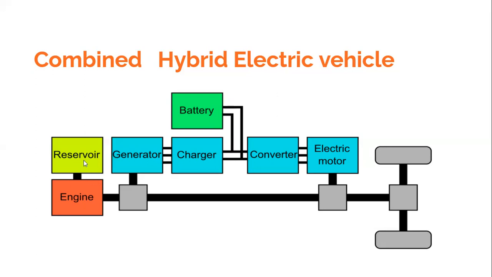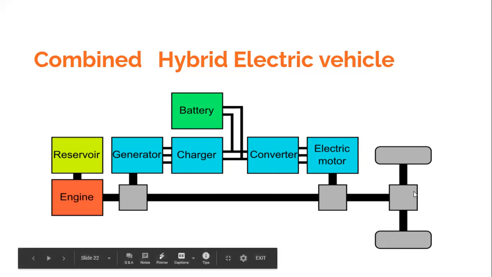You see the engine, there is a drive line over here, there is a generator connected to the charger, battery and a charger, they are connected to a converter, and there is a motor over here. Both the engine and the motor can be brought in series and also in parallel, because of the complexity of this arrangement, and you can get the advantages of both the systems to drive the wheels.